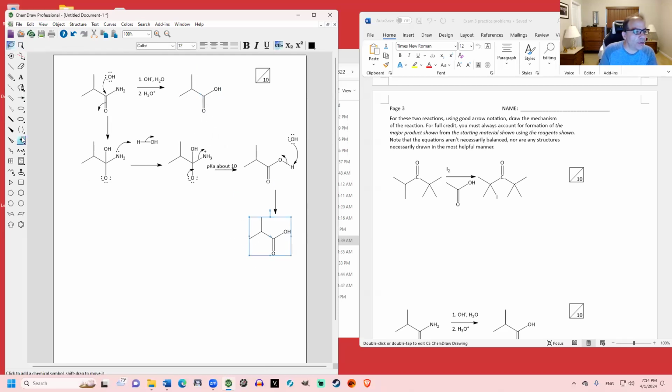And that gives us the conjugate base of the carboxylic acid, the carboxylate ion. And that's what's going to be swimming around in solution quite happily until we add the H3O plus.